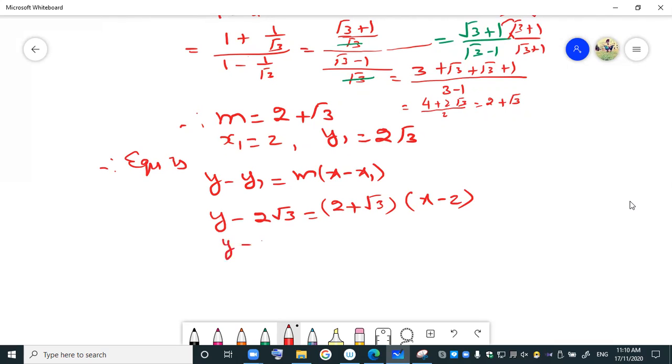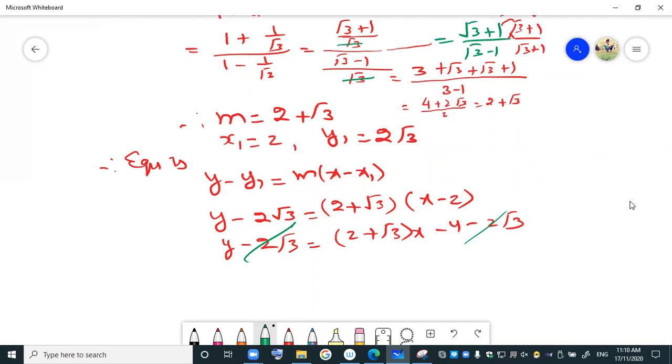Y minus 2 root 3 equals 2 plus root 3, multiply inside with x and with 2. So 2 will multiply minus 2 to the 4 minus 2 root 3. And on both sides minus 2 root 3, 2 root 3 will cancel.